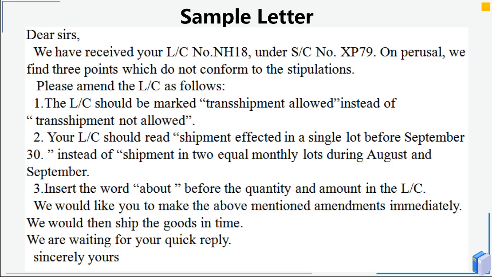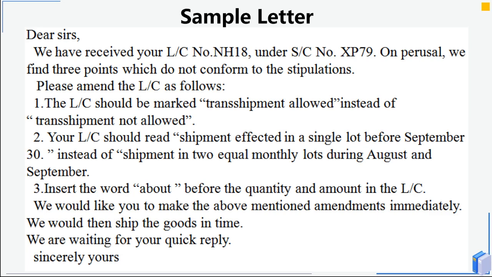Your LC should read shipment effected in a single lot before September 30 instead of shipment in 2 equal monthly lots during August and September. 3. Insert the word about before the quantity and amount in the LC. We would like you to make the above-mentioned amendments immediately. We would then ship the goods in time. We are waiting for your quick reply.